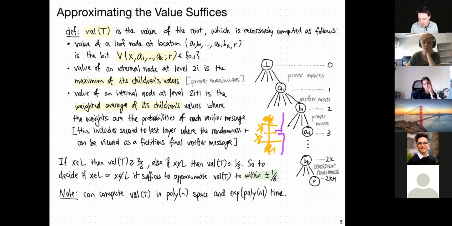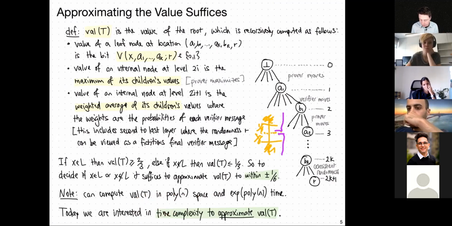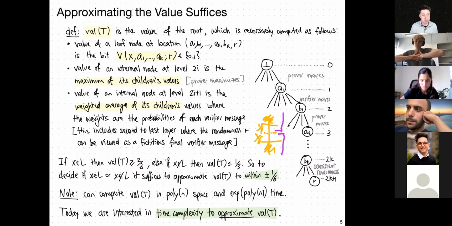But today we want to be more careful about how to compute this value of the tree, and specifically, not just as a function of the various parameters that we're bounding, the sizes of these things and the sizes of randomness, but also to use the fact that we have the freedom to approximate things instead. Anyways, this is basically more precisely what we said last time. If you remember, P star was alternatively defined by a probability and a maximum.